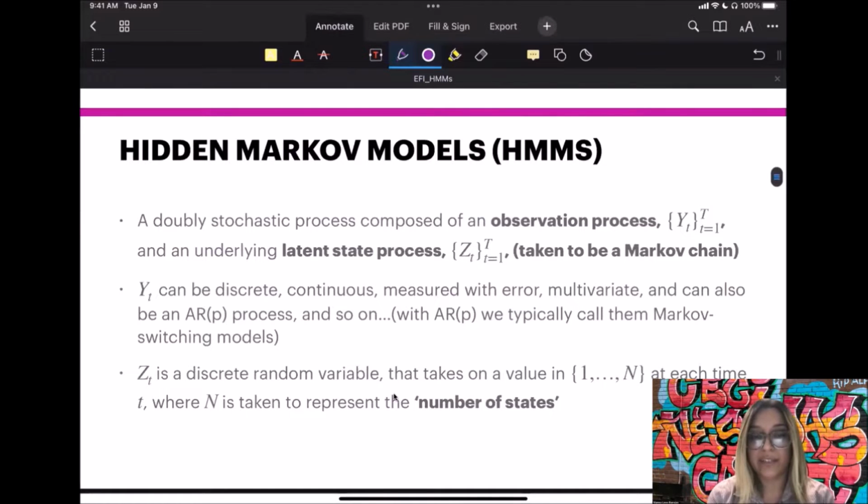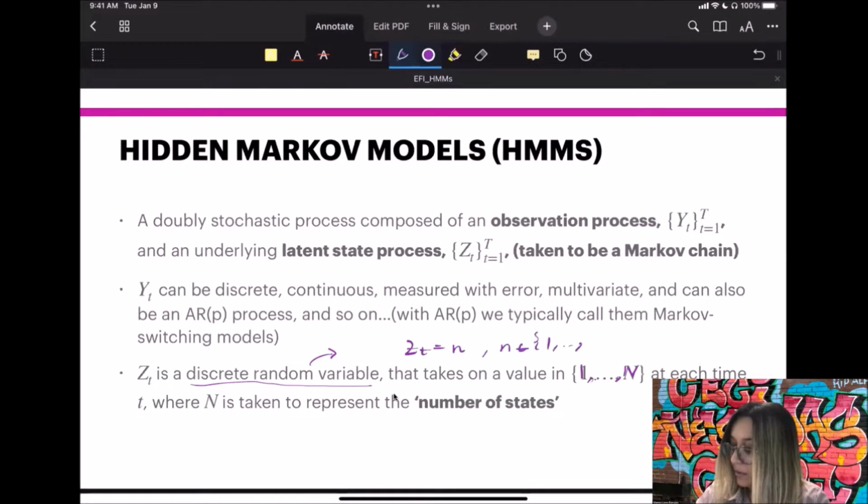Our latent state process is a discrete random variable, meaning specifically here, it can take on the values 1, 2, up to N. So at each time point, z_t is equal to some fixed integer value, where it is in 1 to N. And generally, the 1 to N corresponds to the different latent processes of interest.